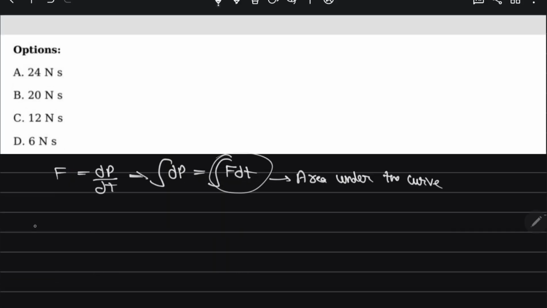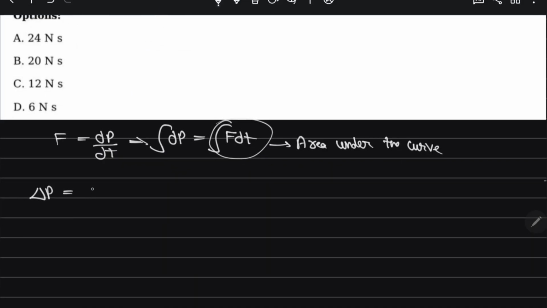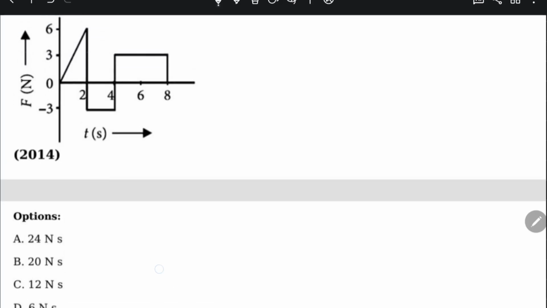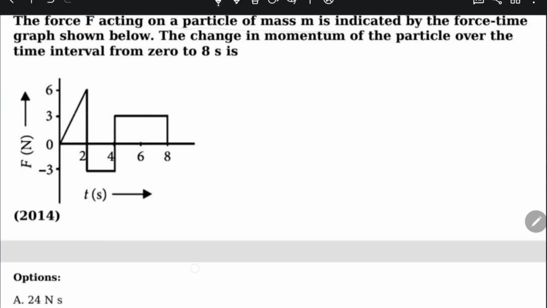So here you see that the change in momentum is the area: 1, 2, 3, first area plus second area plus third area. Area of triangle is 1 upon 2 base into height, which is 6.